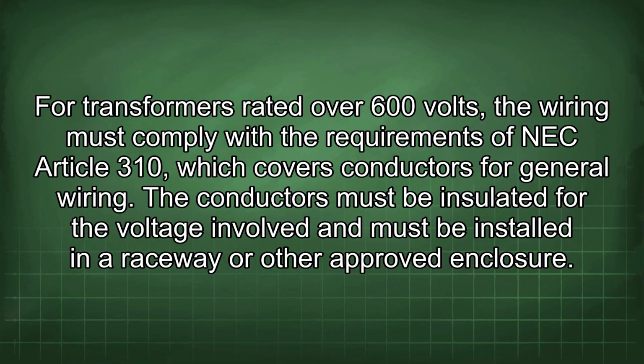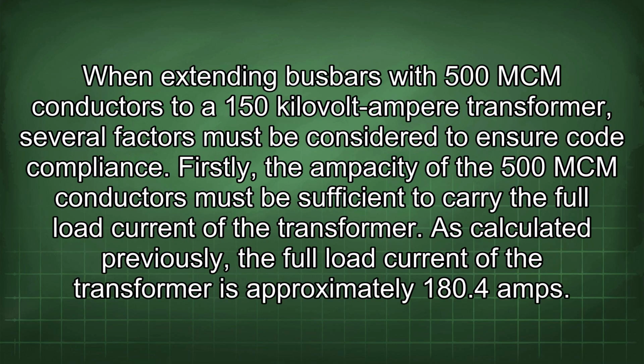other approved enclosure. When extending busbars with 500 MCM conductors to a 150 kVA transformer, several factors must be considered to ensure code compliance. Firstly, the ampacity of the 500 MCM conductors must be sufficient to carry the full load current of the transformer.